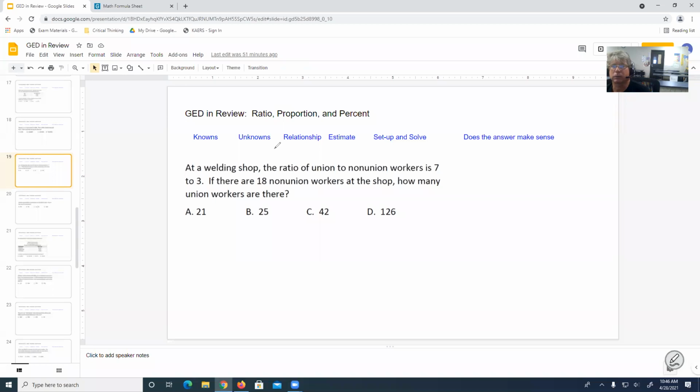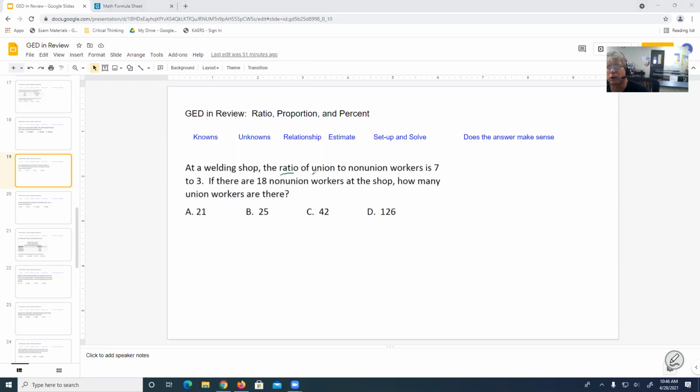So this next question is involving... it doesn't look like a percent, so let's see what we have here. At a welding shop, the ratio of union to non-union workers is 7:3. So there's this ratio language again that we're seeing.